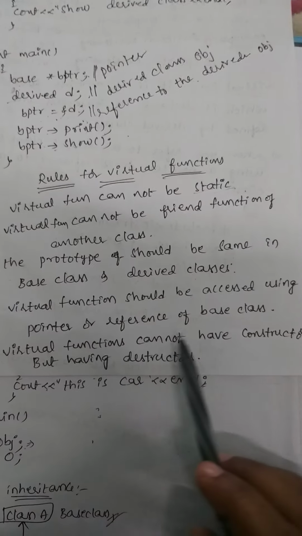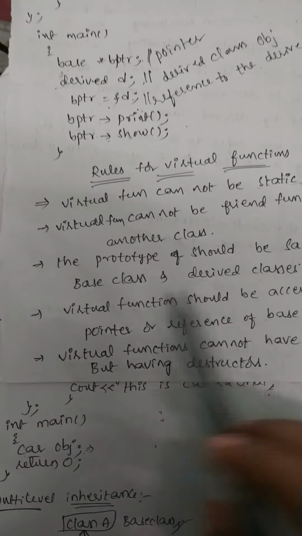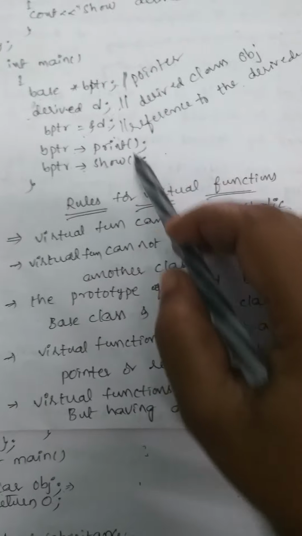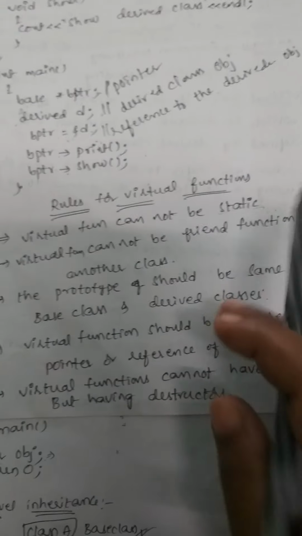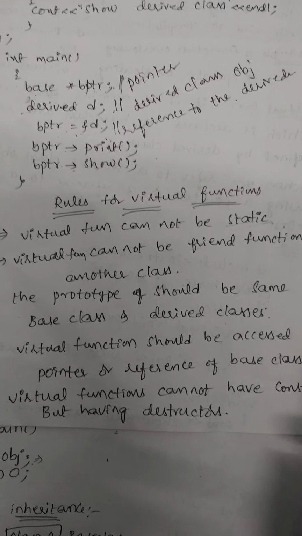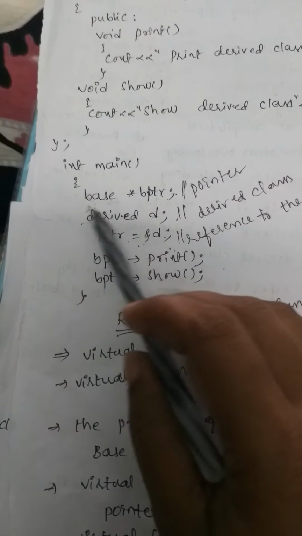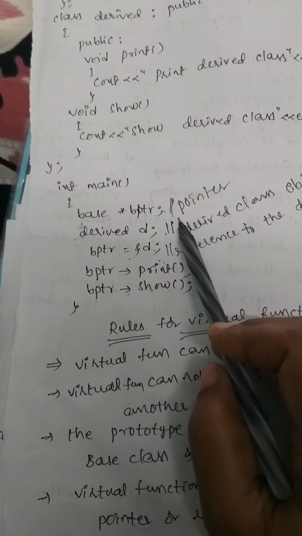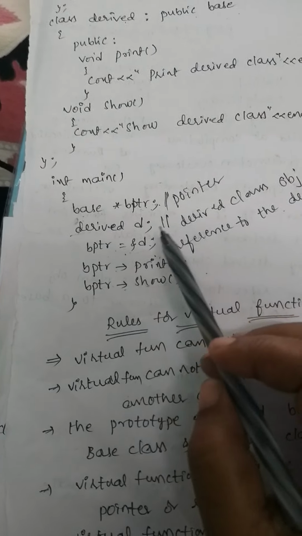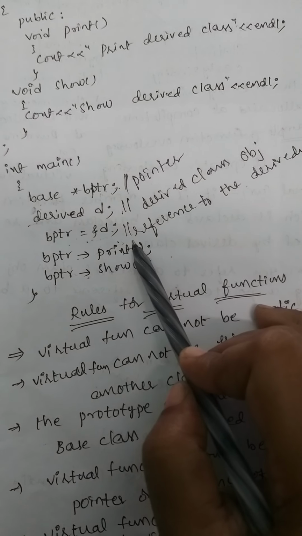Next, the virtual function should be accessed using a pointer or reference of a base class. In this program, this is a base class pointer, assigned with the derived class reference.